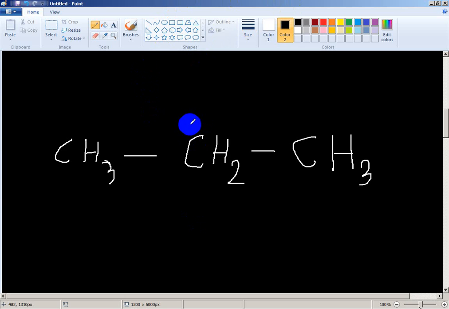Propane. Okay, this is propane, prop, because 1, 2, 3 carbons in a chain, so prop. We know 1 carbon in a chain is meth, 2 carbons in a chain is eth, 3 carbons in a chain is prop, 4 carbons in a chain is but, 5 carbons in a chain is pent, 6 carbons in a chain is hex.